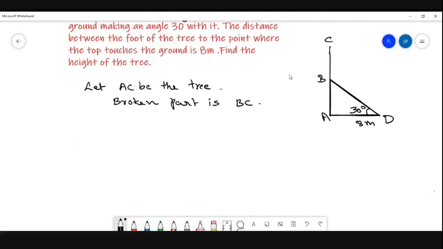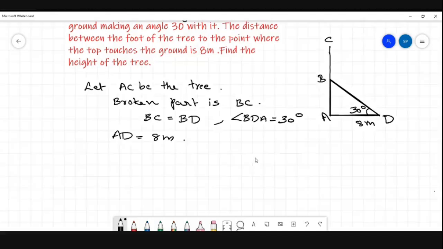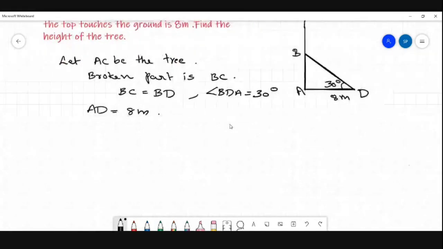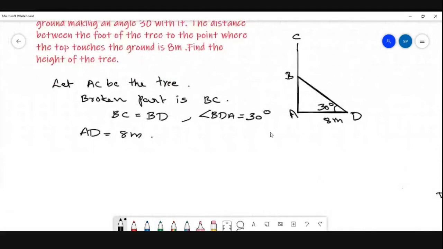You can see BC is same as BD because the broken part comes and touches at D. That angle is given as 30, angle BDA equal to 30 degree. And it is given AD equal to 8 meter. Now we have to find the height of the tree AC.